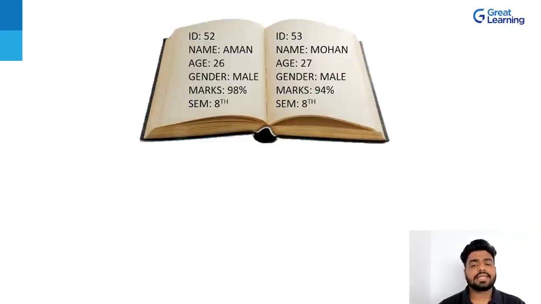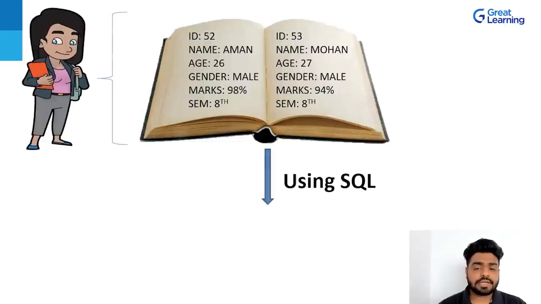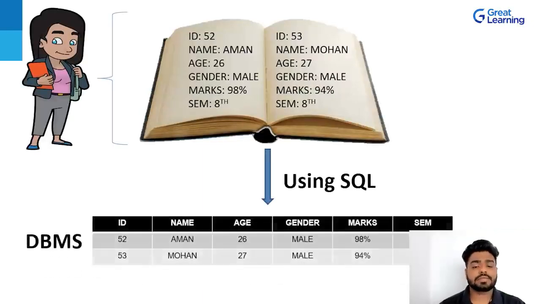If you have a ledger looking like this, the data using SQL will look something like this. This is how the table looks, and the fields ID, name, age, gender, marks and SEM are the columns, and the values are nothing but our rows, which you can see here, correct?